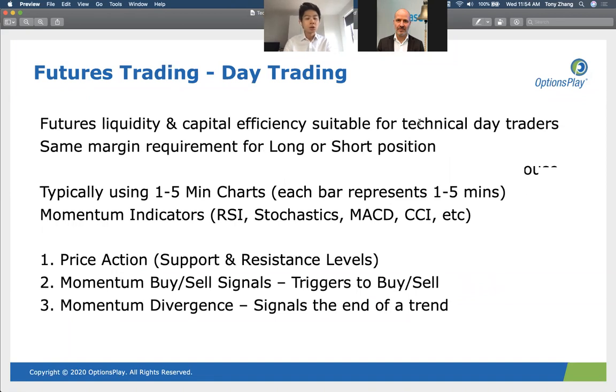So now let's talk a little bit about day trading futures. This is where we're going to start talking a little bit about strategy, the technical side of trading these products as a day trading tool. The reason futures trading is so attractive to day traders or very active traders is, number one, futures usually have a large amount of liquidity, meaning it's easy to buy and sell these types of futures contracts.